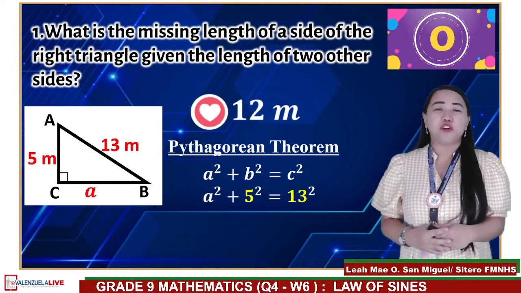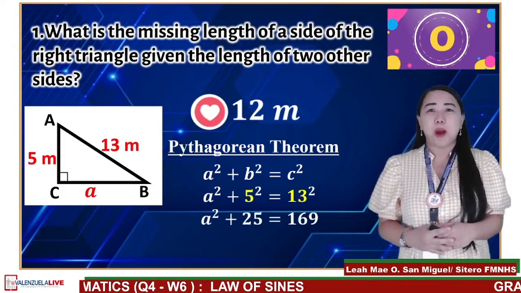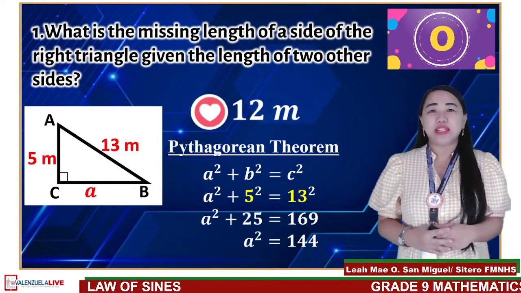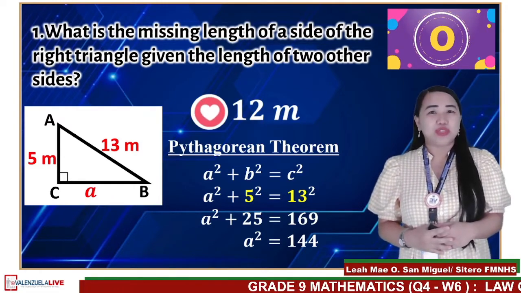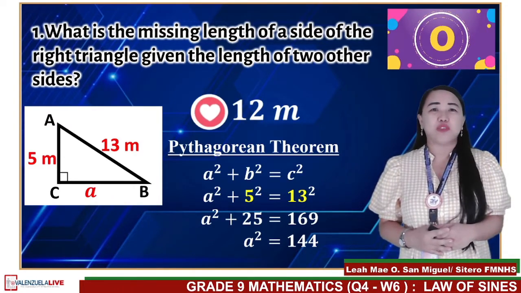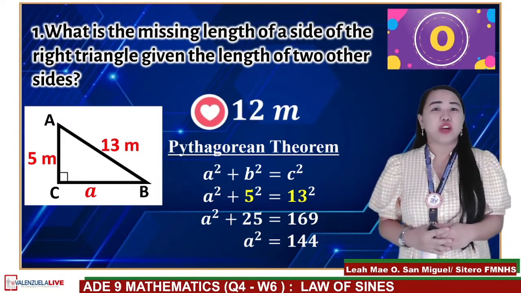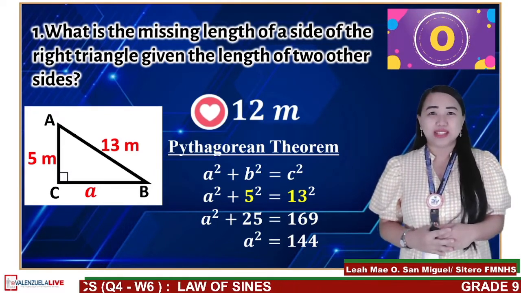Substitute the values of b and c and simplify it. Using the addition property of equality, we get a squared is equal to 144. Get the square root of both sides of the equation and choose the positive root because there is no negative measure of length. The answer is 12.